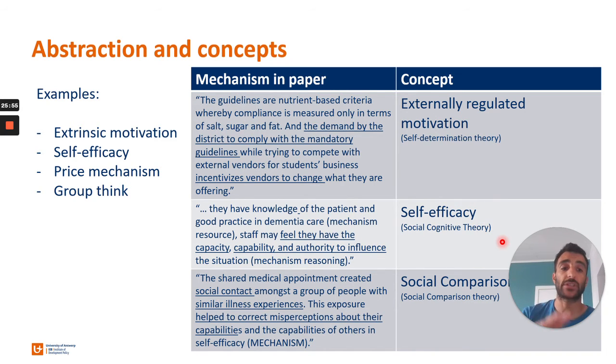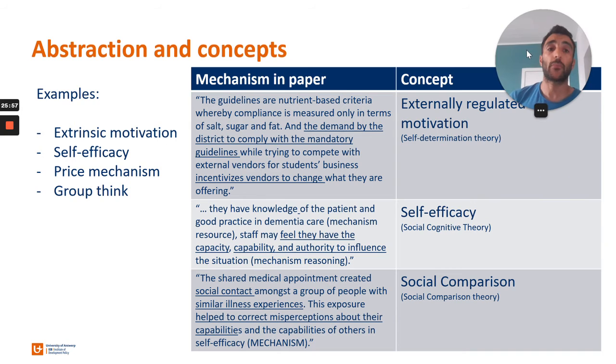So if we use the word self-efficacy, that would link up with the whole theory, social cognitive theory, and a whole plethora of research and evaluations that focus also on self-efficacy. Here again, social context, similar illness experiences help to correct misperceptions about their capabilities. Here we're talking about social comparison.